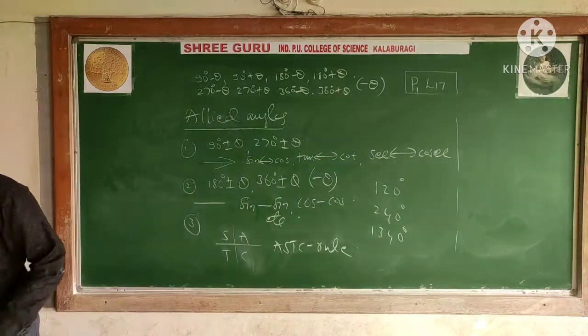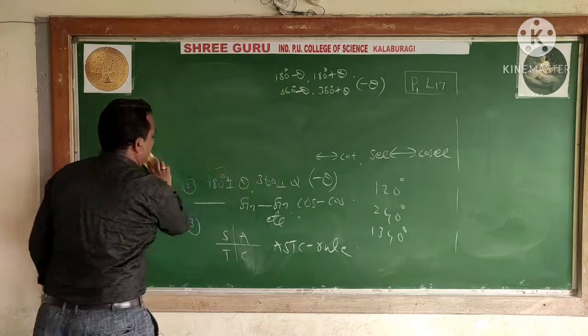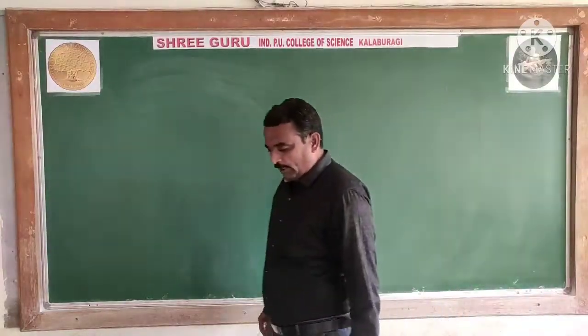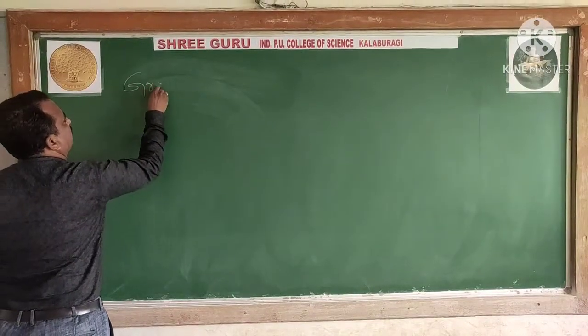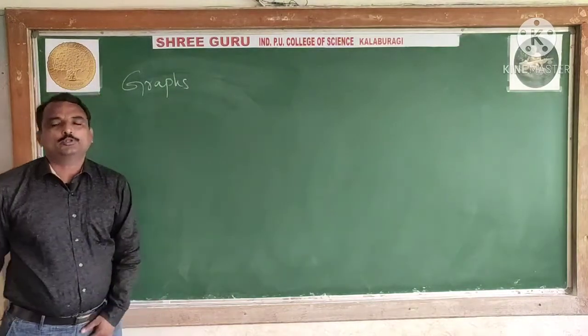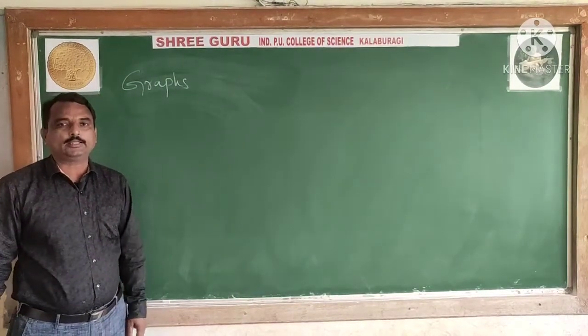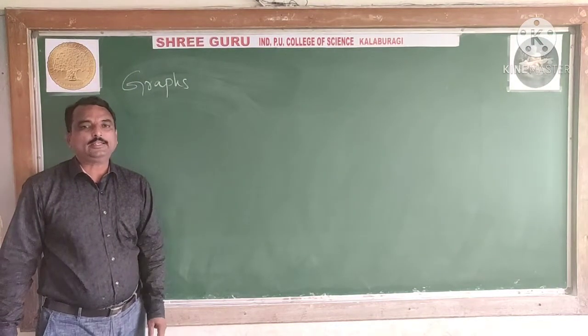Next we will go for the graphs of trigonometric functions. In the previous class and 2-3 classes before, we calculated examples on right angles and some CT examples also.